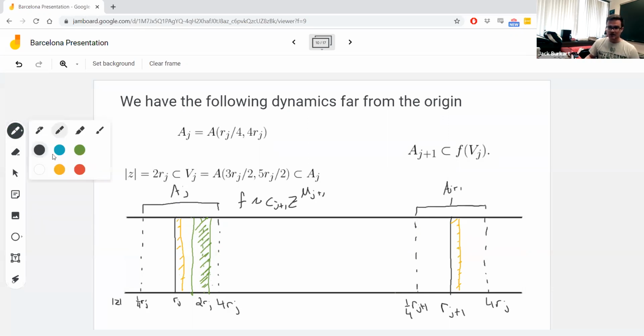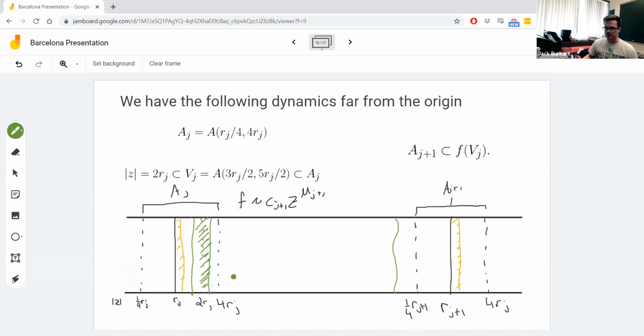Now, since f is really close to a power mapping on this thin annulus, we can show with just a simple calculation, but we can kind of just see it, that because it's close to a monomial, the inner boundary of Vj is going to map onto some Jordan curve, sort of to the left in this picture. So it's going to be contained in the disk of radius 1/4 Rj plus 1.